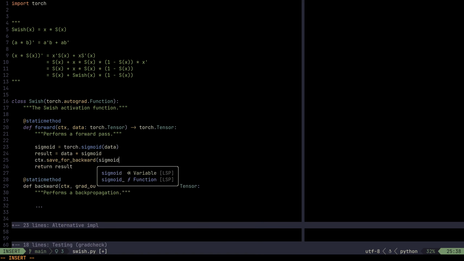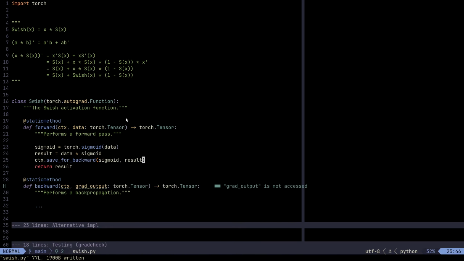Let's save both the sigmoid and the result. And result, of course, that's the Swish of x. And sigmoid, that's just the sigmoided input. And we know that the gradient can be expressed using sigmoid and Swish. That's all we need. We don't even need the original data, because we abstracted away that representation by using Swish here. So that kind of helps.